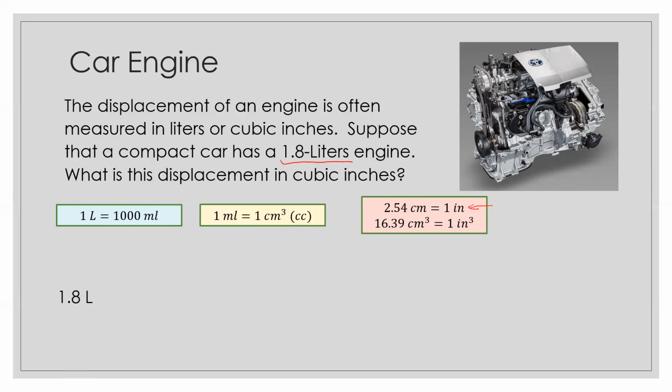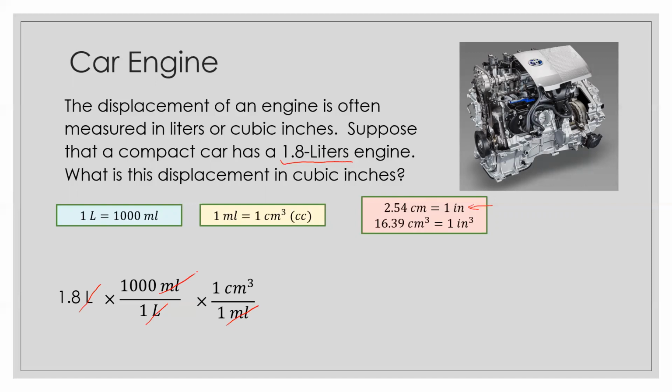Okay, so starting with the 1.8 liter engine, we're going to end in cubic inches. The next thing we're going to go to is from liters to milliliters. Okay, so liter cancels with liter. And then we would say from milliliters to cubic centimeters, milliliter cancels with milliliter.